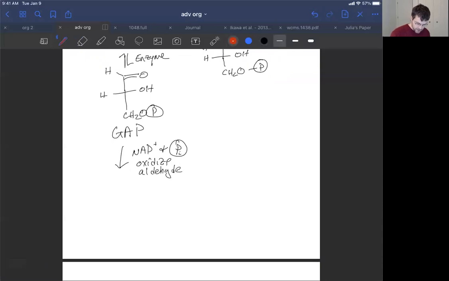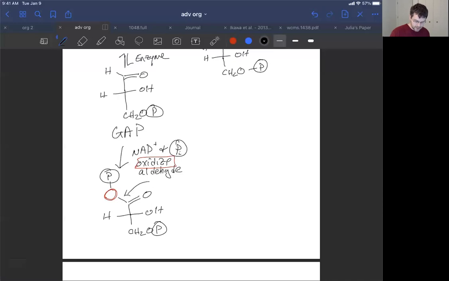So I'm going to have an oxygen atom now present, and additionally, that oxygen is going to be phosphorylated.